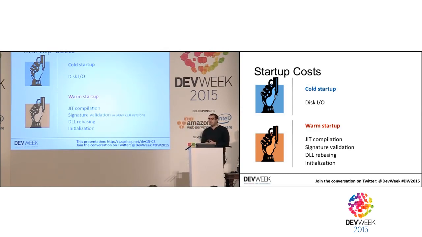And by cold startup, I mean, of course, first-time startup. The user has just turned on the computer and launched your application for the first time. Warm startup is the case when the user has already launched your application and is now launching it again in the same session. Warm startup is dominated by a bunch of other factors. Disk I/O is usually no longer a concern.